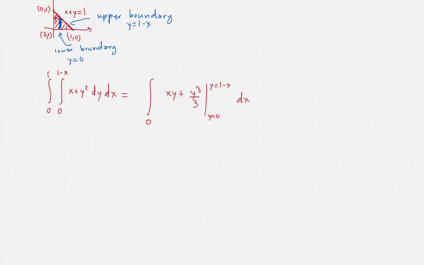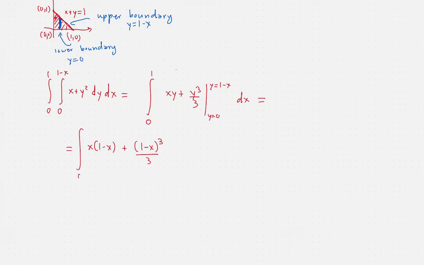So this will give us x times (1 minus x) plus (1 minus x) to the third over 3, minus 0 if you like. And we have to take this integral from 0 to 1 dx.